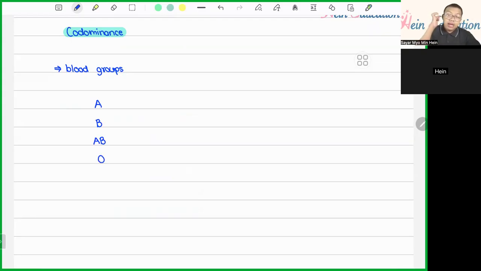But when we talk about blood groups, there are three different alleles, which are IA, IB, and IO. In some textbooks, this is also expressed as small letter i. So now let me write a sentence about codominance in blood groups.